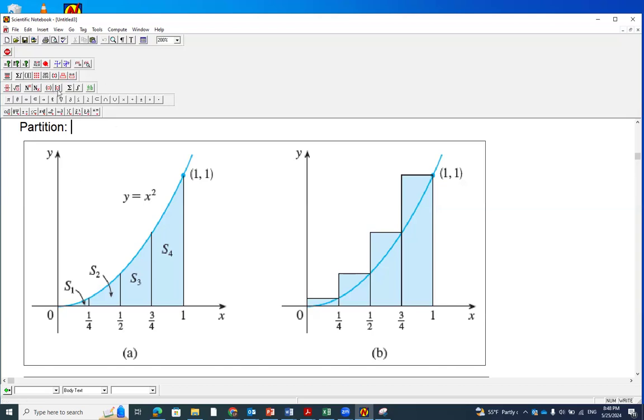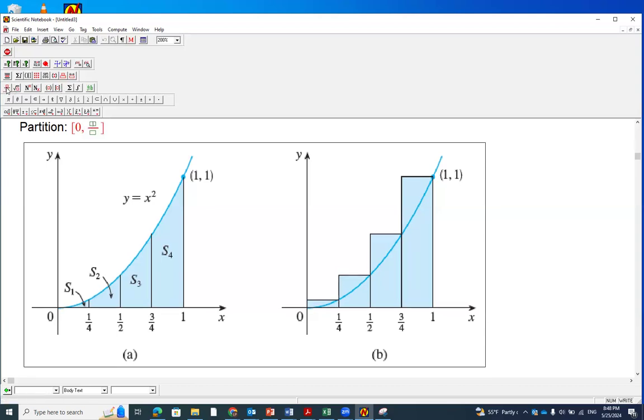And these 4 intervals are 0 to 1/4. The second interval is 1/4 to half. The third one is half to 3/4.